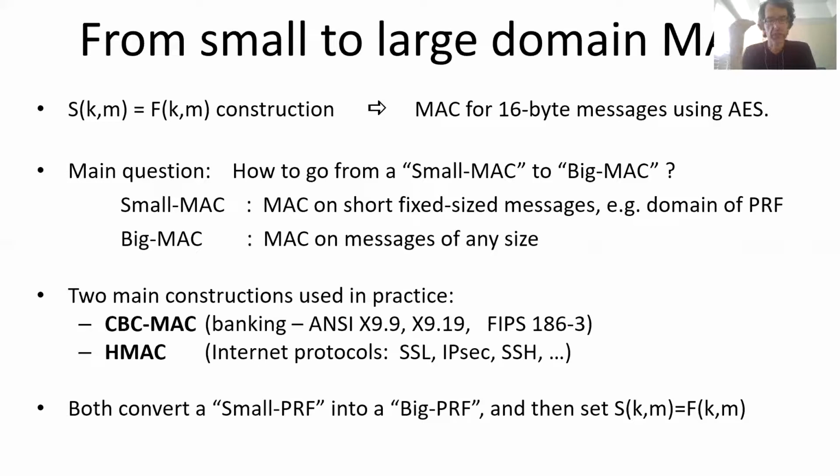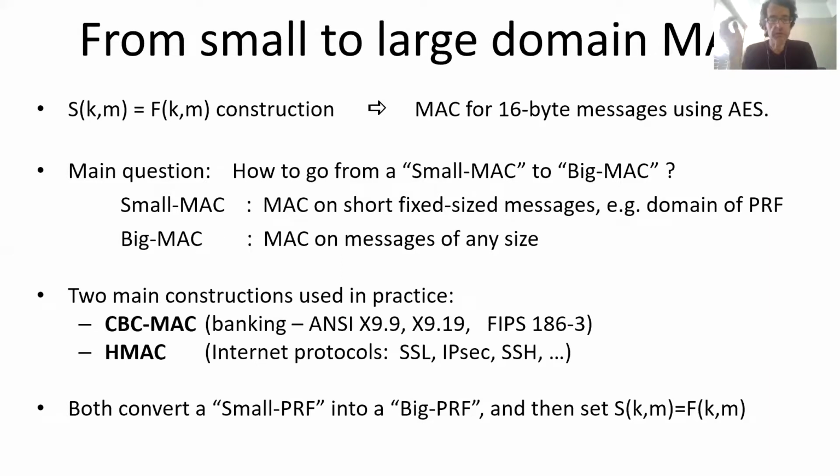Now the obvious question is, like in the case of a PRG or encryption, you have something that worked for short messages. Can you somehow build on this to have a secure MAC on messages of arbitrary length? These files in the file system example are not going to be single blocks, and communication is not single blocks.